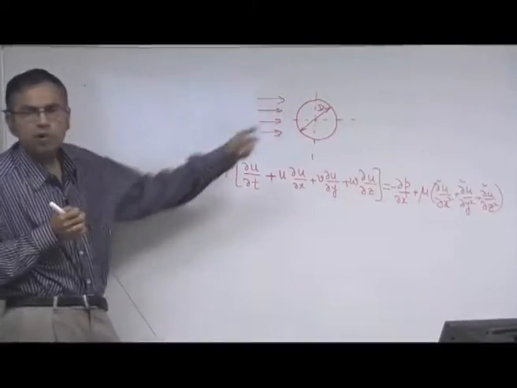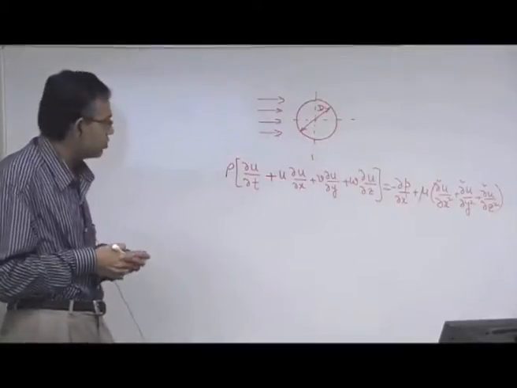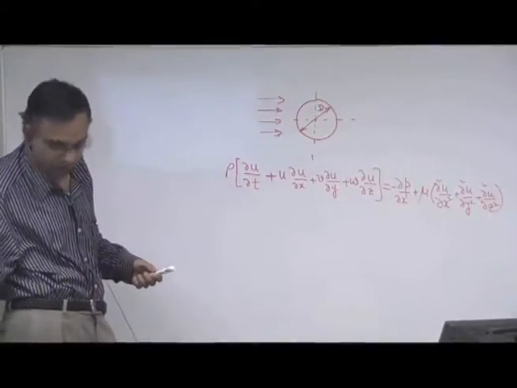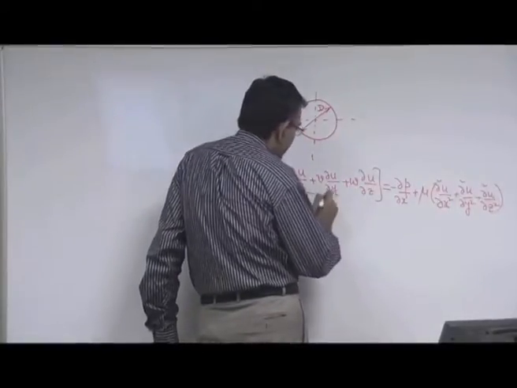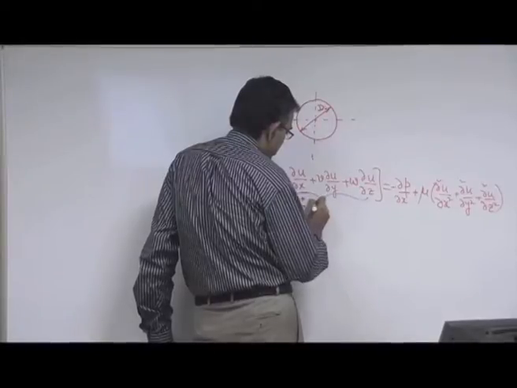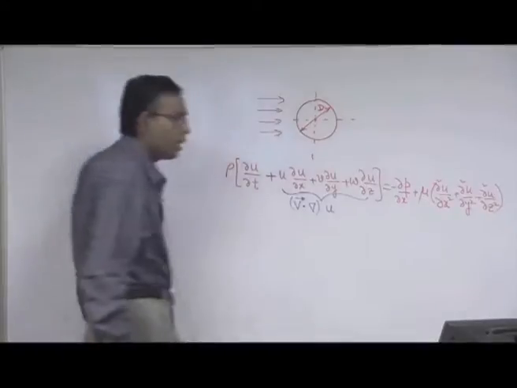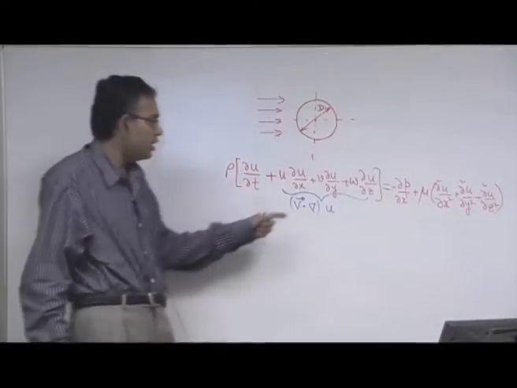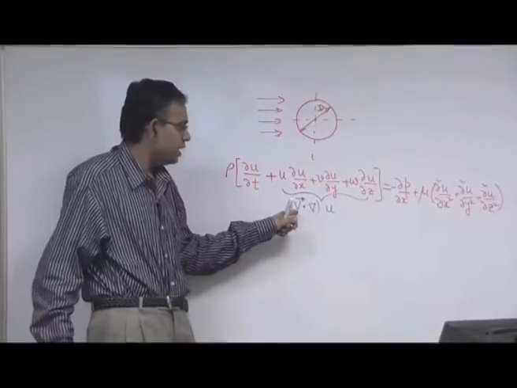I am not adding any body force here. I mean, you can add the body force in the way in which you like. So, now you can write this term V dot del u, because this V dot del is what?